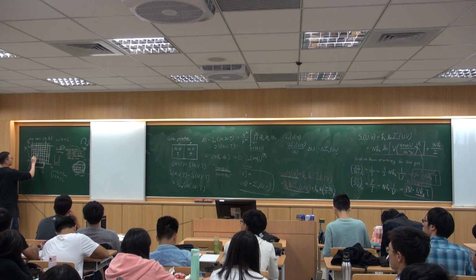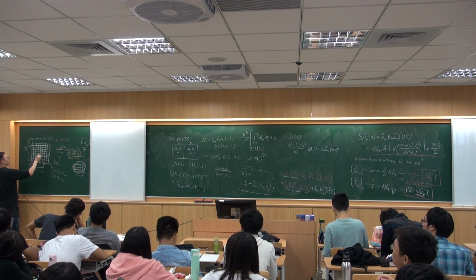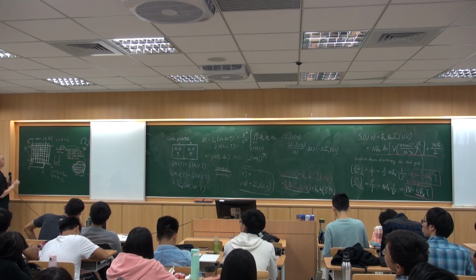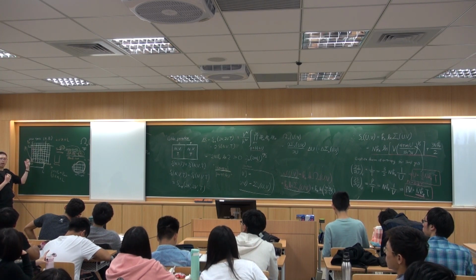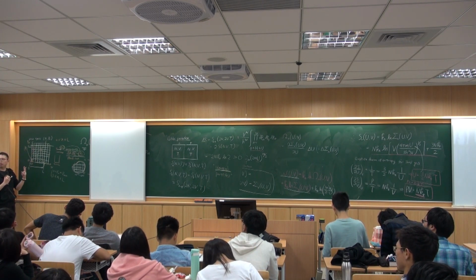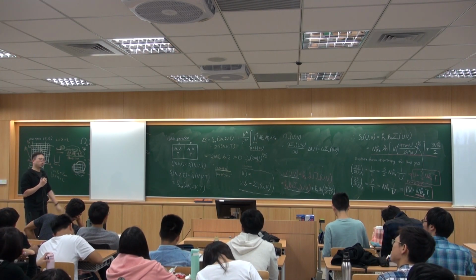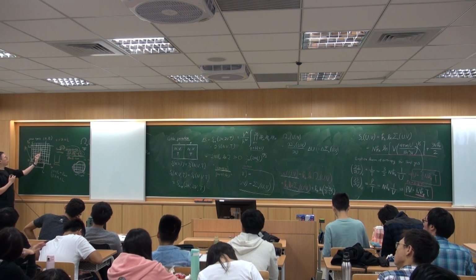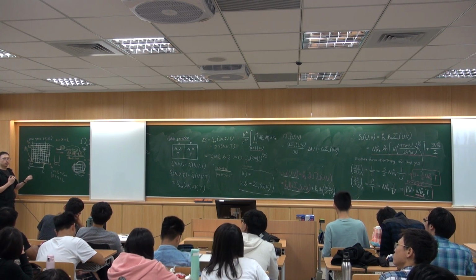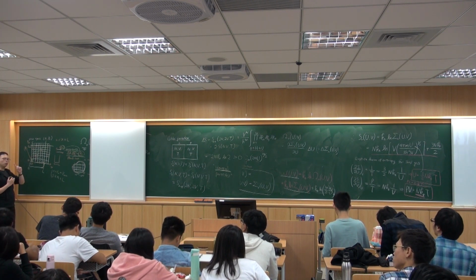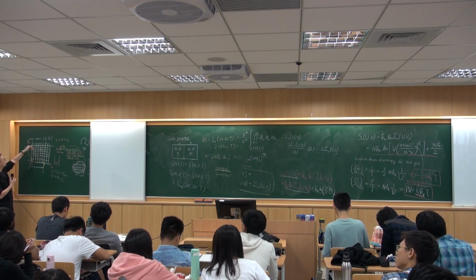But if this one is called A and this one is called B, and they are different, for instance, one of them is orange and one of them is green, if you exchange their position, then you can count that as two different microstates. But in the case of ideal gas, since all the particles are the same, if you count these two as two different microstates, then you're overcounting. It should be counted as only one possibility, but now you're counting two because you consider these two exchangeable.